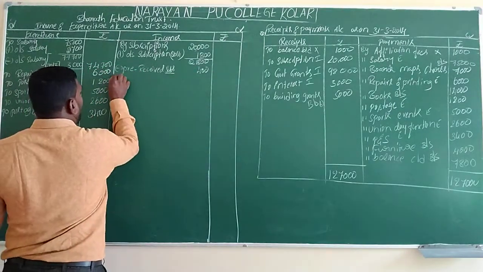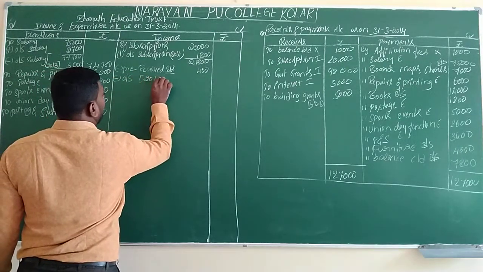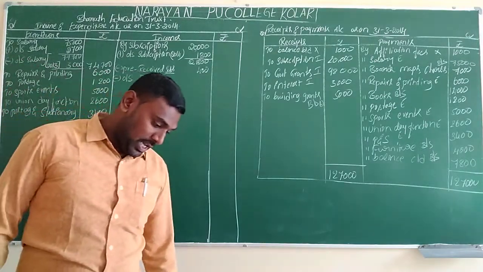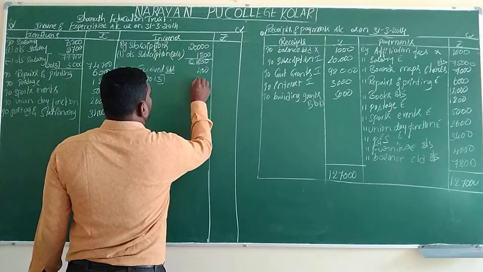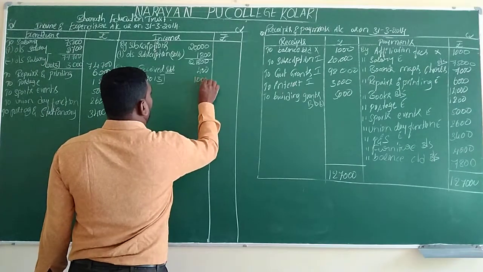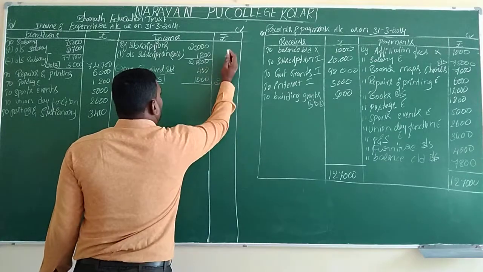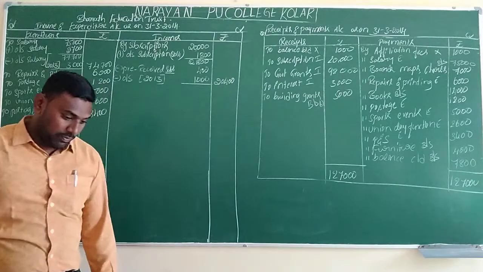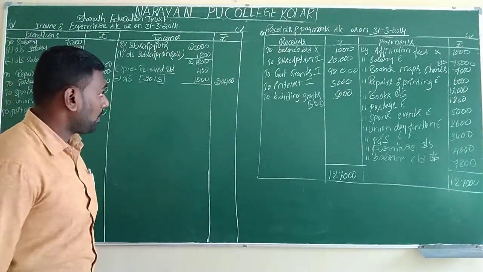Minus outstanding subscription of the previous year, which is available on the asset side of the old balance sheet, that is 1,000. Therefore 20,400 is the present subscription we have to receive for this non-profit organization.